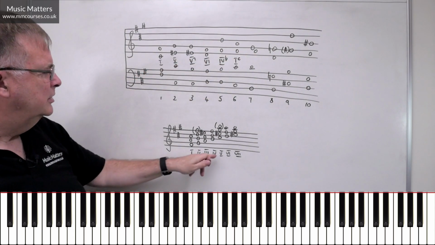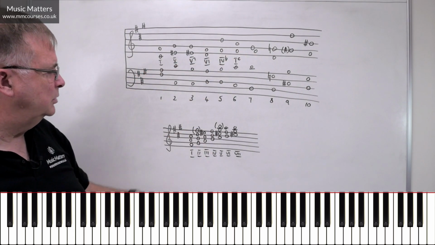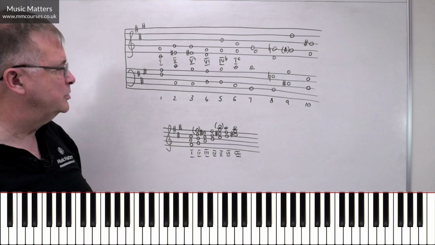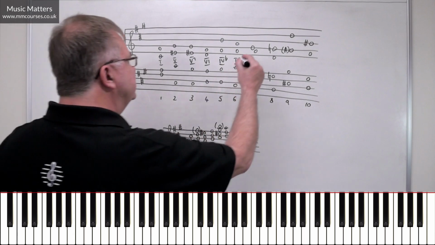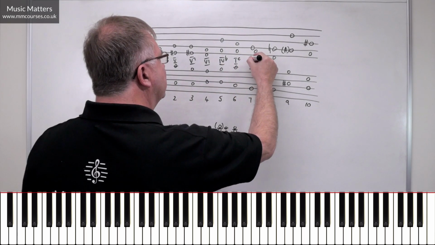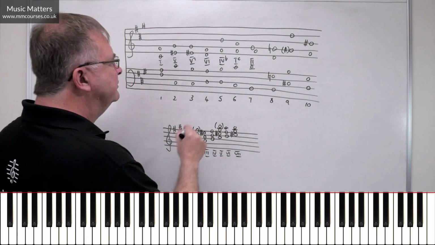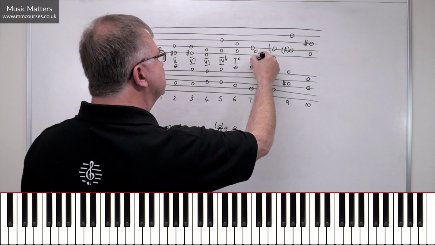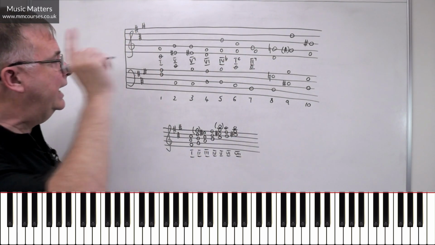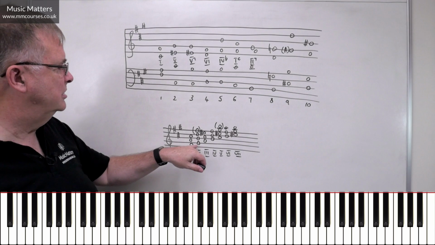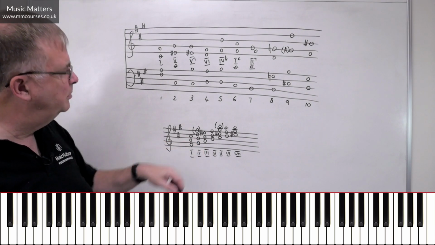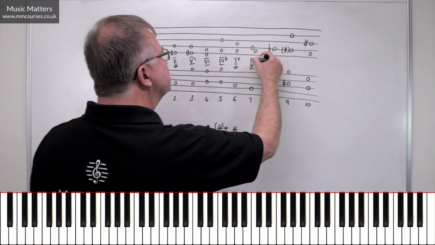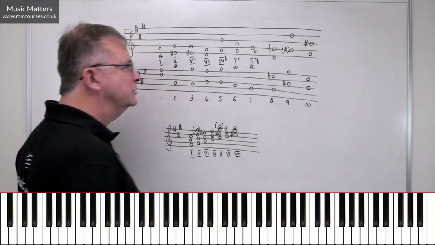So actually, rather than thinking of it as something to do with chord 4, it's really much more likely to be something to do with chord 2. So this is chord 2, and it has a 7th on it. So it's a 2/7 chord. And it doesn't have G sharp in the bass, it has B in the bass, doesn't it? So the 3rd is in the bass. So it's a 2/7 B chord.